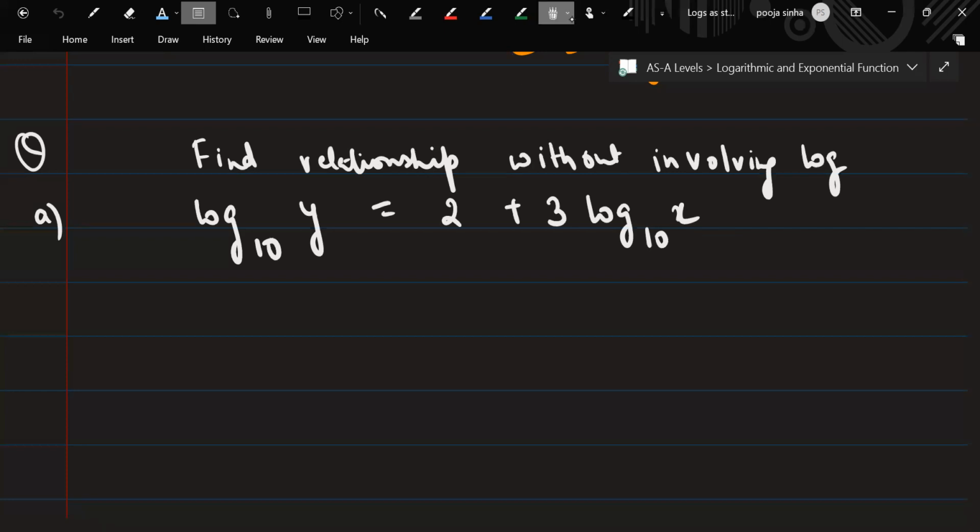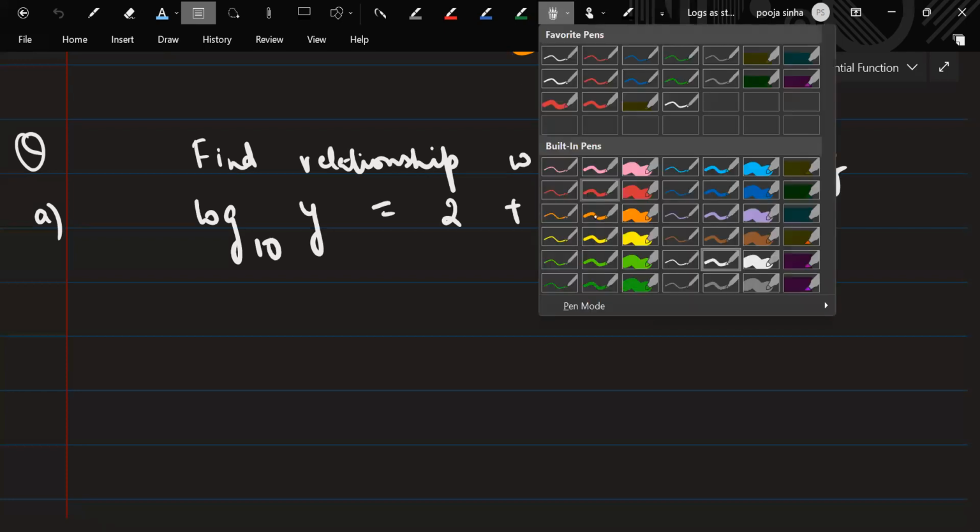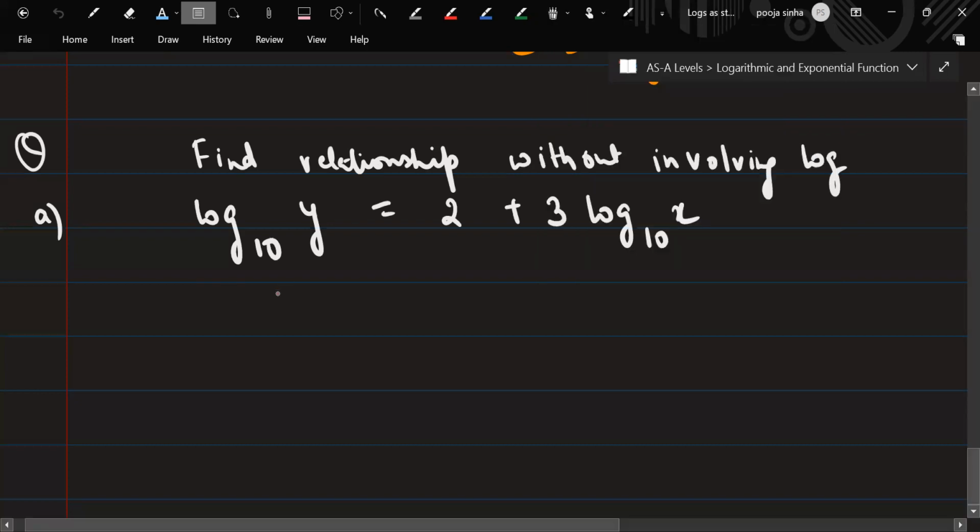How to do it? We'll take 3 as the power. So you will take log to the base 10 of x cube. Do I need to show base 10 again and again? No. We can take log x cube to the other side. Do we really want to do that?